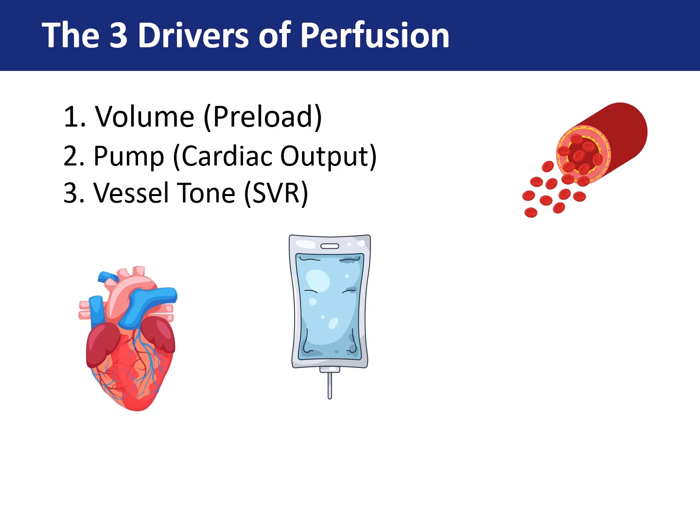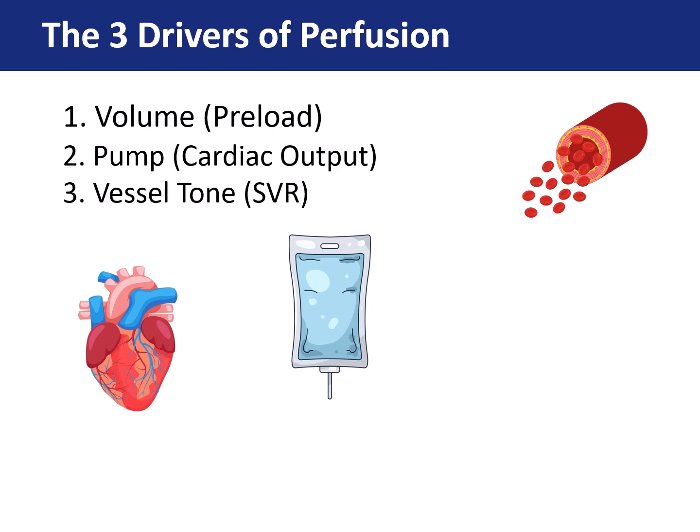So what drives this? Perfusion depends on basically three things: volume, the pump, so your cardiac output, and your vessel tone. It's the same framework that we talked about in hemodynamics.